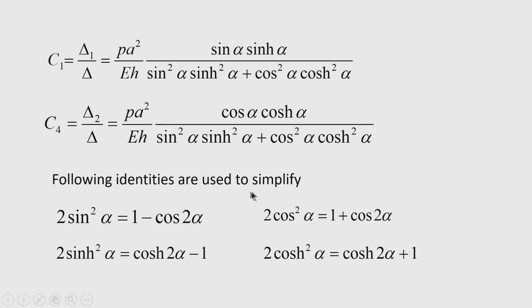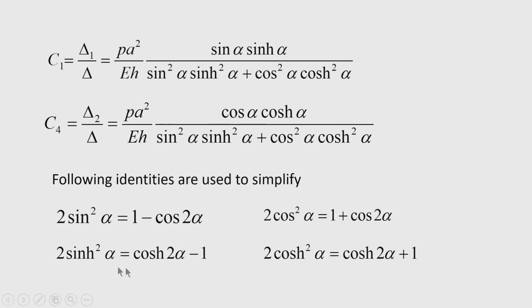Following identities are used to simplify further the constants of integration. So, what are the identities? One identity is the trigonometric identity, that is 2 sin square alpha equal to 1 minus cos 2 alpha, and another is 2 cos square alpha equal to 1 plus cos 2 alpha. Then the other two are hyperbolic function identities, that is 2 sin hyperbolic square alpha equal to cos hyperbolic 2 alpha minus 1, and the second one is 2 cos hyperbolic square alpha equal to cos hyperbolic 2 alpha plus 1.